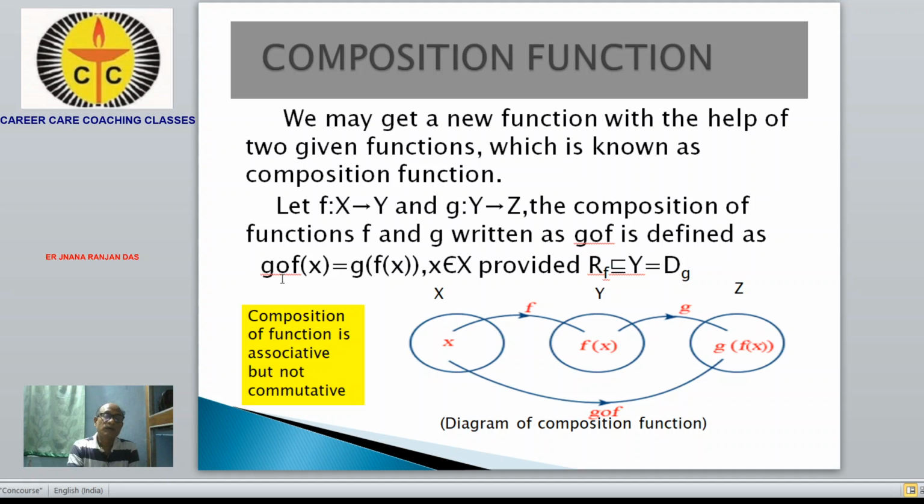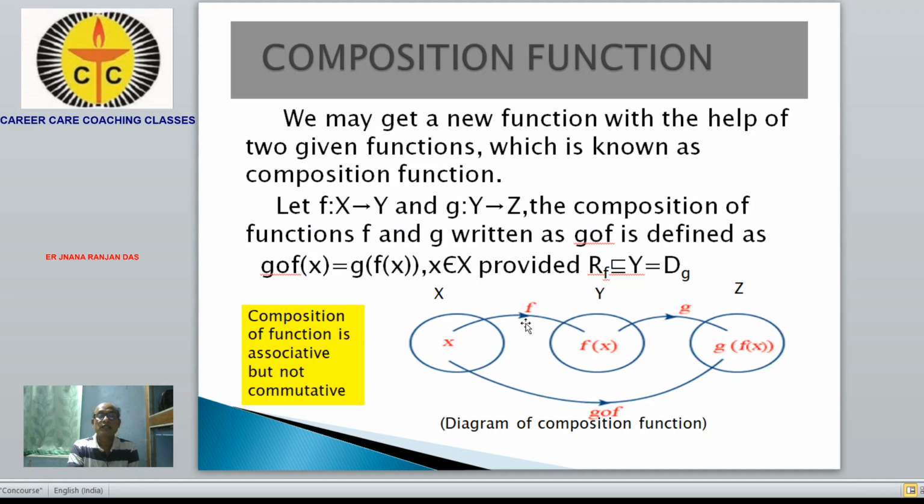That means if we take g of f of x, then it is not exactly the same as f of g. So g of f cannot be exactly the same function as f of g. It may be different. So remember that the composition of function is not commutative, but it is associative.